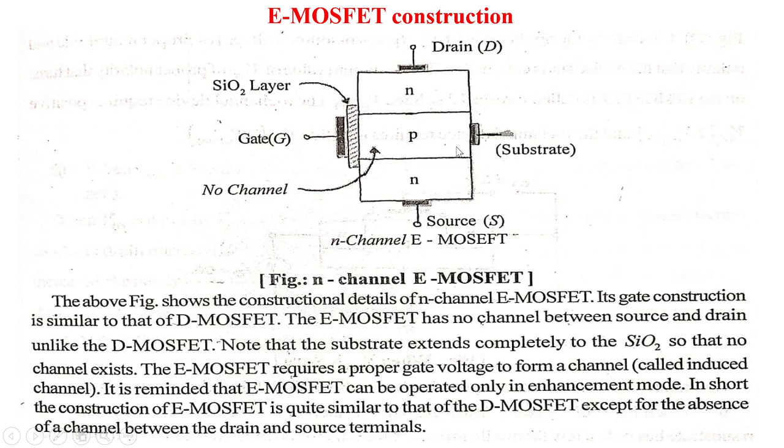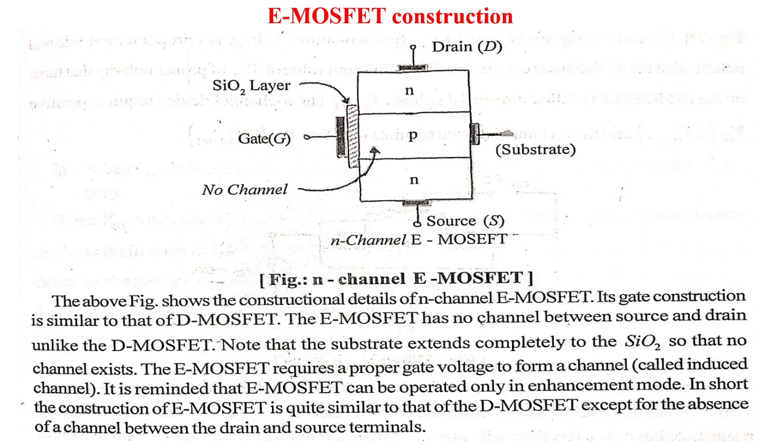See here, a lightly doped P substrate block, on which two heavily doped N regions are diffused, and then there is a silicon dioxide layer, SiO2 layer over the substrate, and there is a metallic contact for the gate and drain. This metal oxide semiconductor forms a MOS diode.